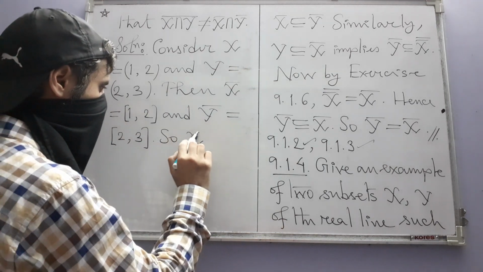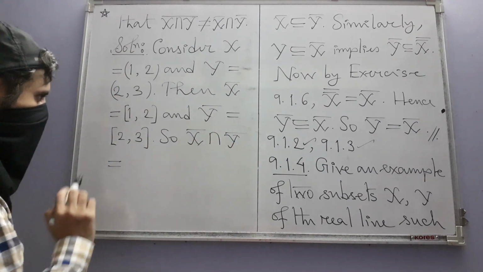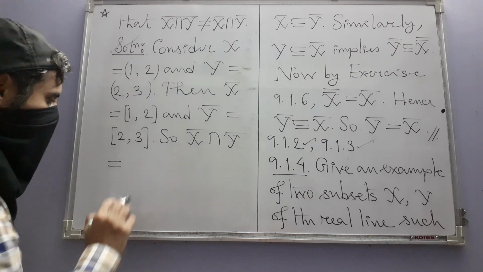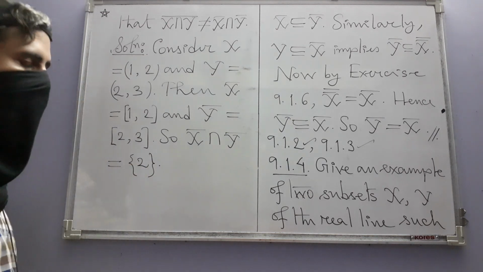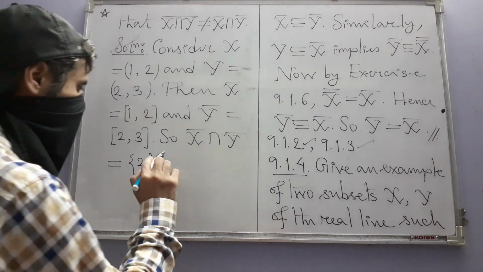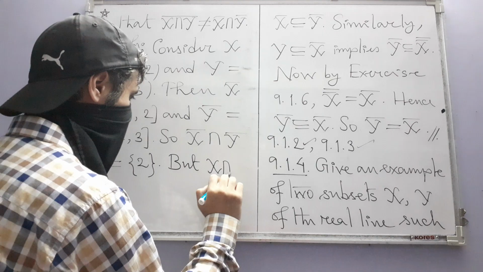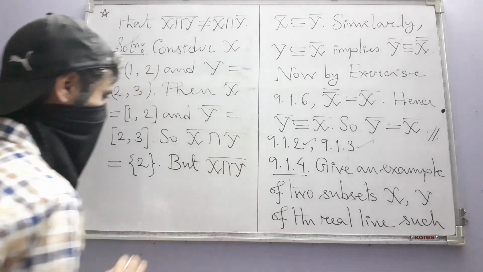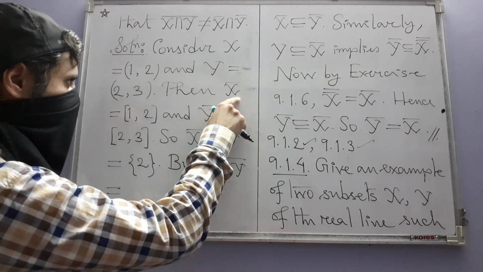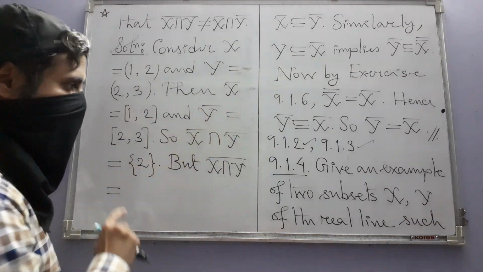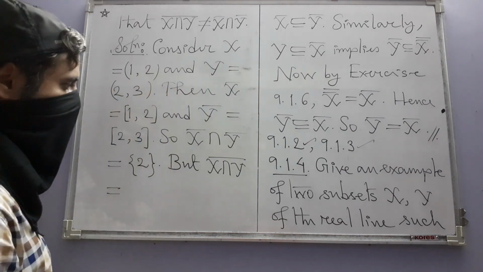So their intersection is the intersection of these two, which is this singleton set {2}. But what about this though? Note that although x bar and y bar are not disjoint, x and y are disjoint, there is no common point.